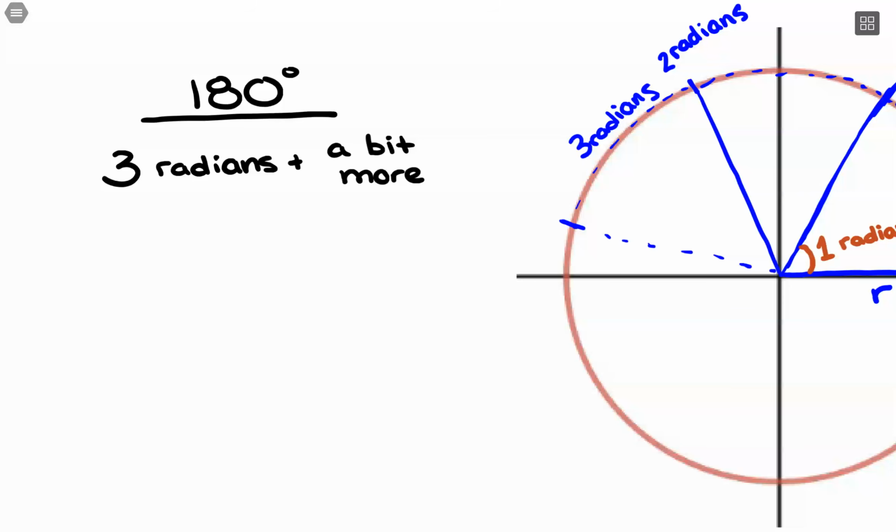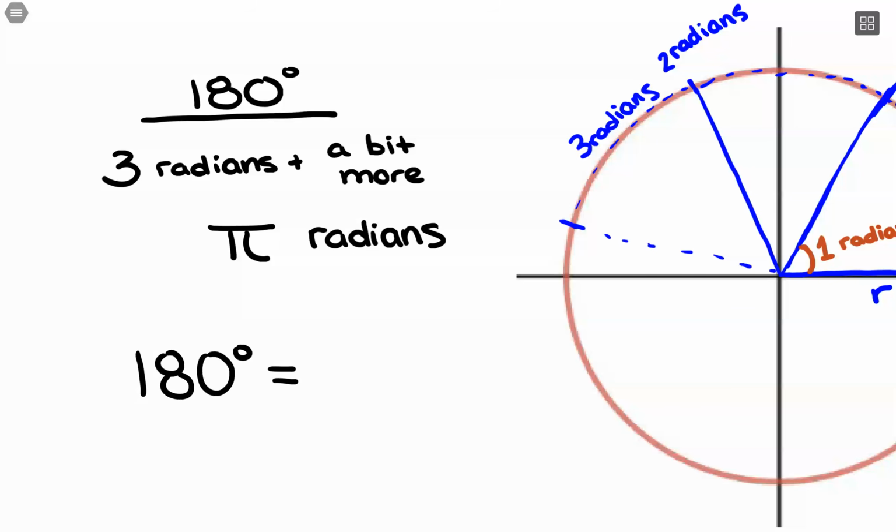So this 3 and a little bit more ends up being exactly equal to pi, and it would be pi radians, using that radius of the circle. So 180 degrees as a conversion is exactly equal to pi radians.